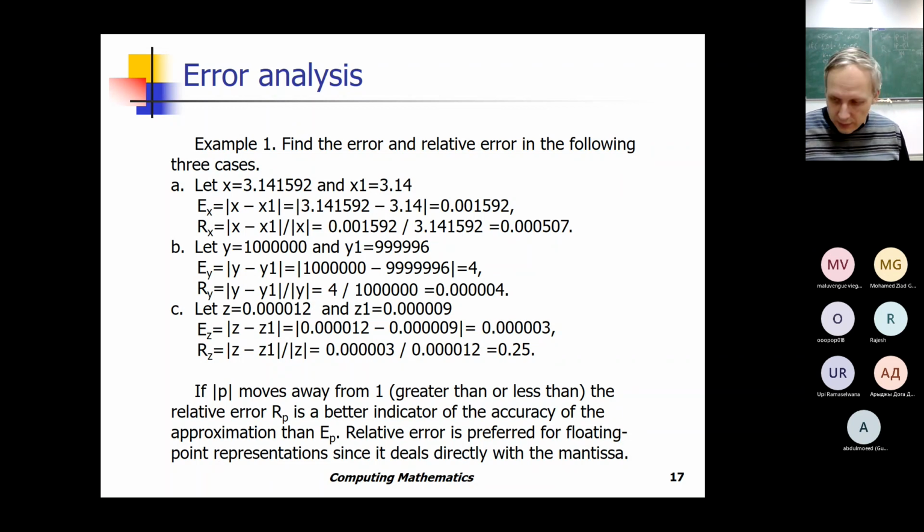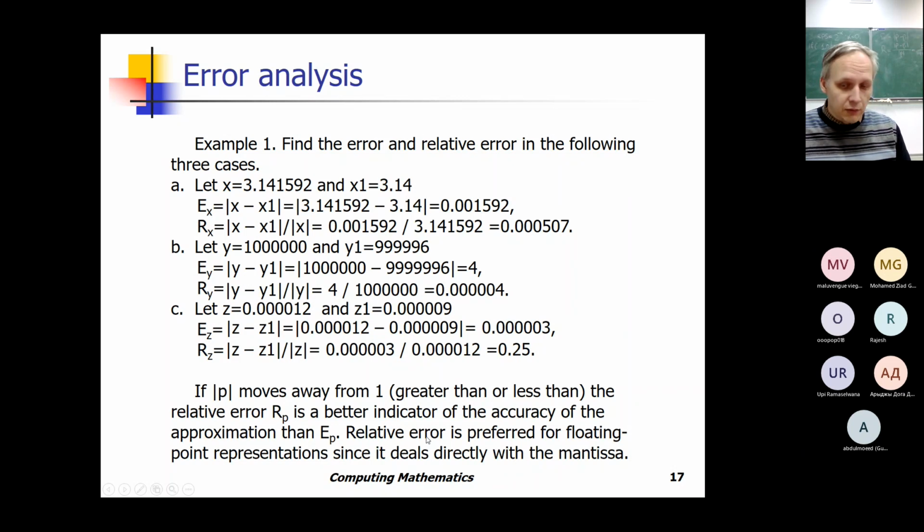And in computer mathematics, relative error is preferred because all the numbers are represented with a floating point representation, and it deals with the mantissa of the number. So the relative error is a better indicator.